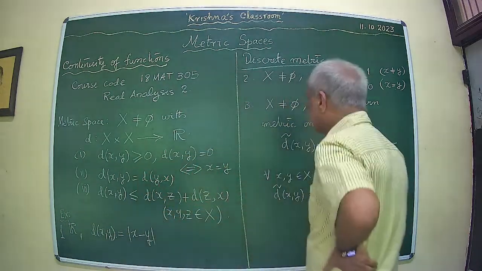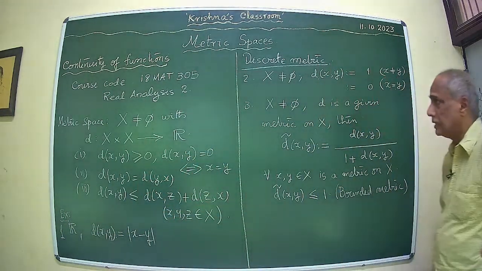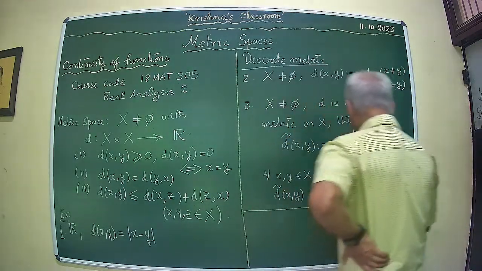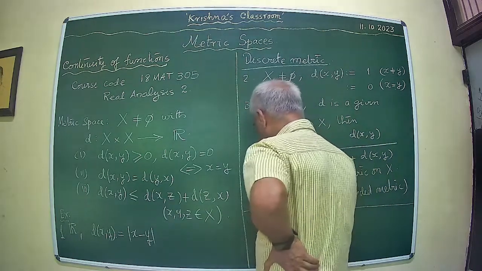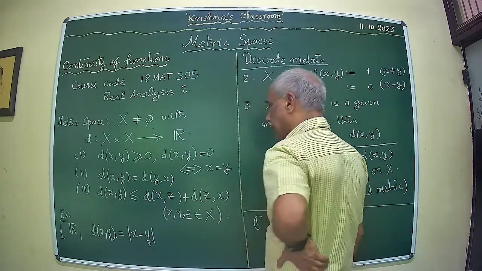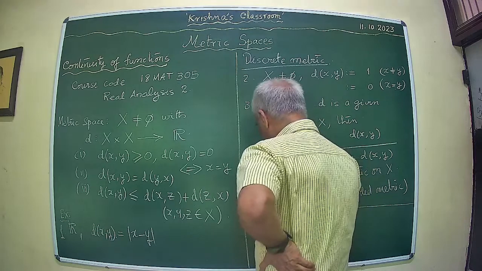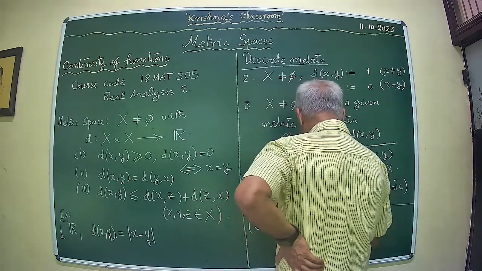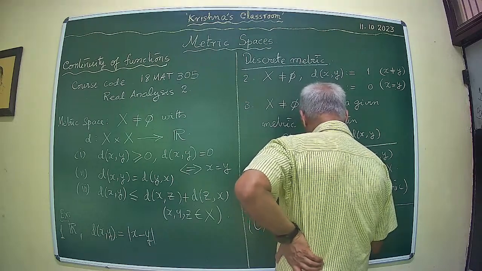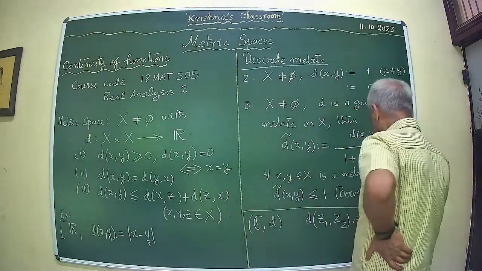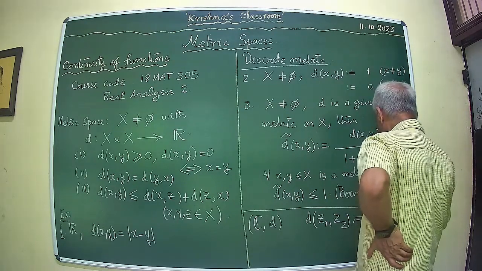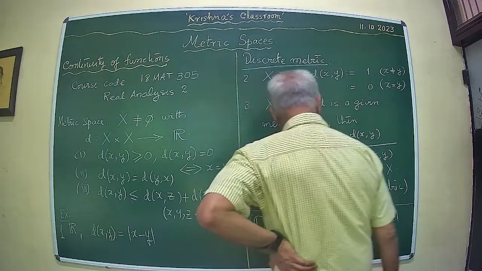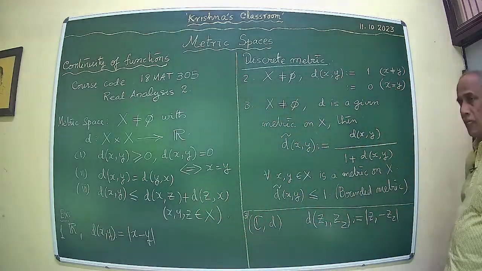Then of course I don't want to spend time on these things, namely C can be made a metric space and d defined as |z1 minus z2|. This is a metric, so this is a metric space that you can verify.